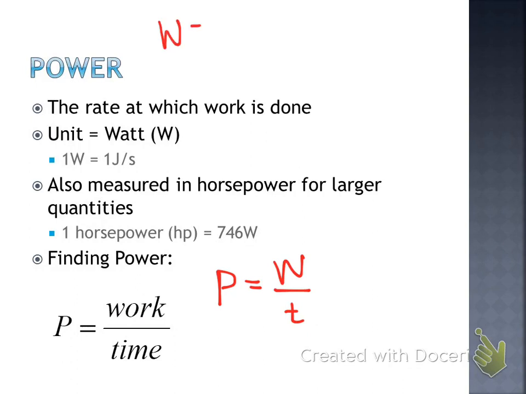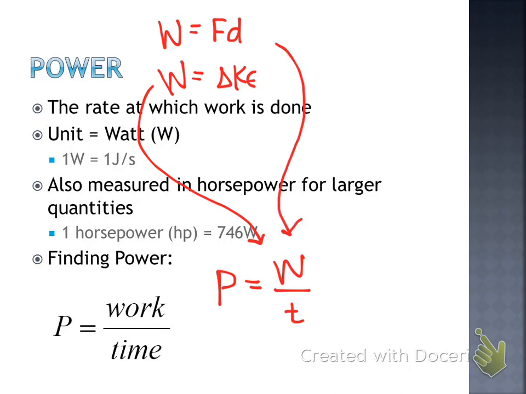We could solve for work using the equation force times displacement, or using the change in kinetic energy. So when we say power is work over time, it could be any of these ways to solve for work over time. There are lots of different ways to go about solving for power, but it's work over time.